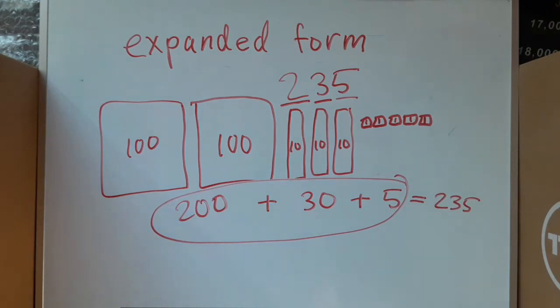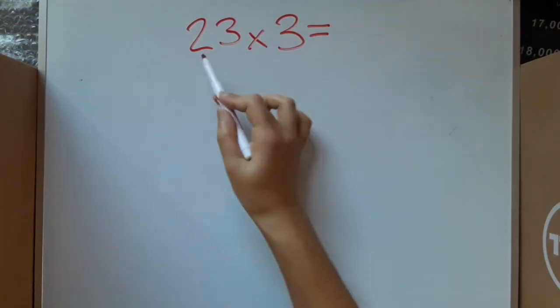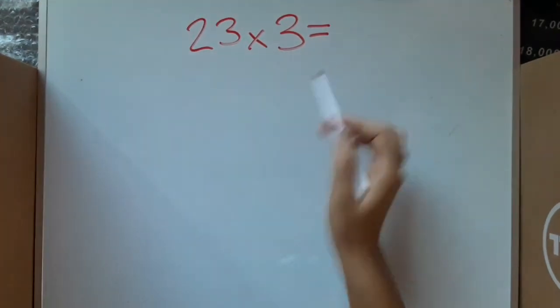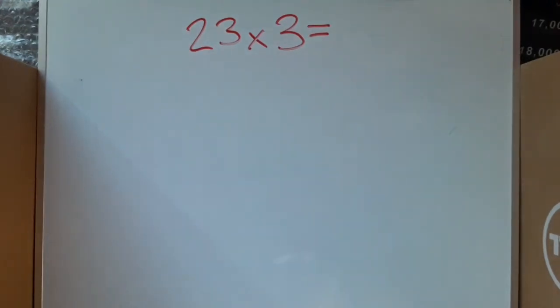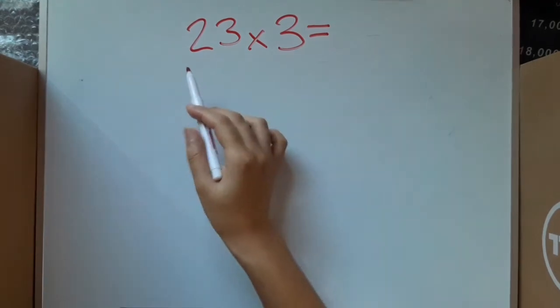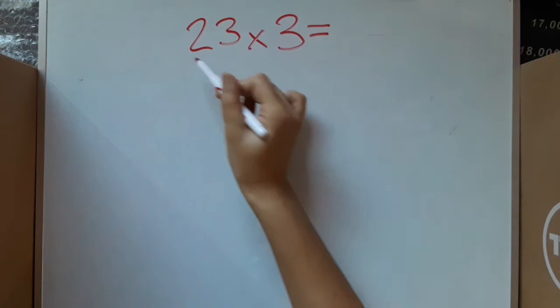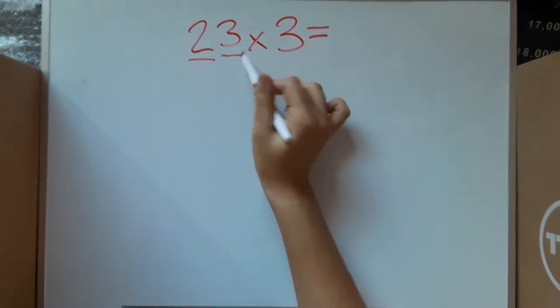Now, let's get into our first double-digit multiplication problem. Let's say we have 23 times 3. Or we could also say this is 3 sets of 23. If we draw out 23 in base 10 blocks, that's 2 10s and 3 1s.